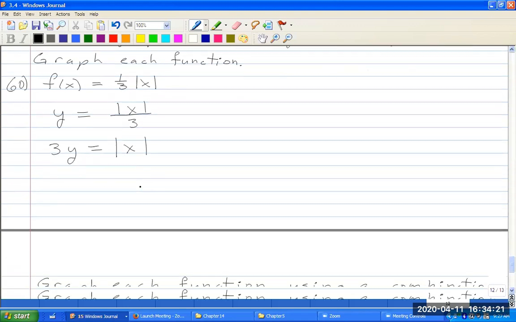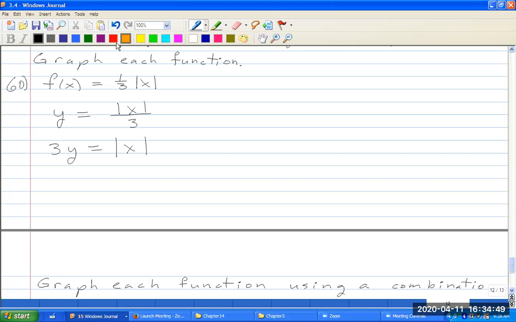So I'm going to replace y by 3y, which means I'm going to be taking the y-axis and scaling it down by a factor of 3. So I'm going to take every number along the y-axis and divide by 3. So I'm going to compress.